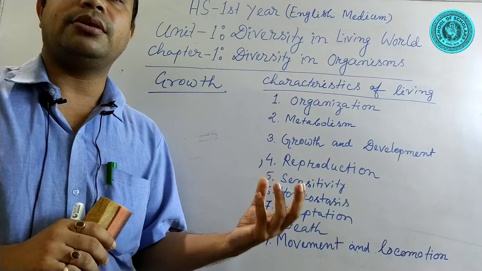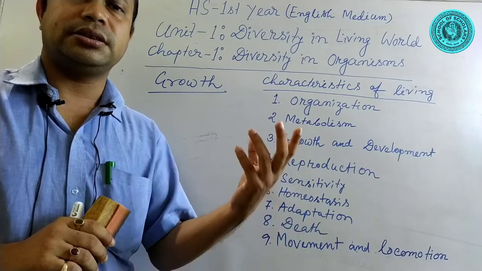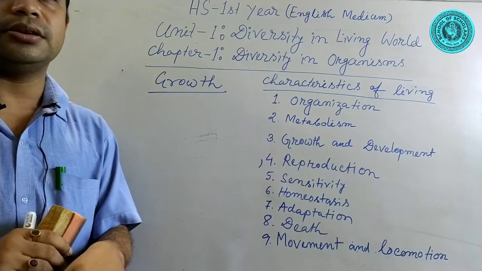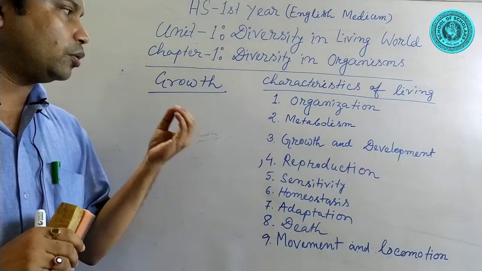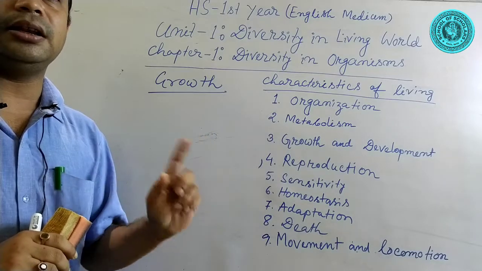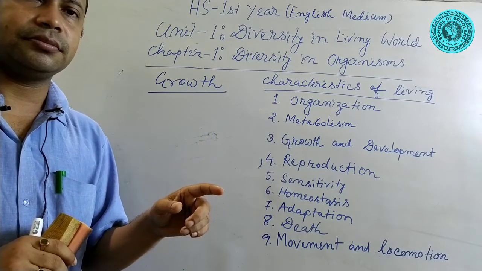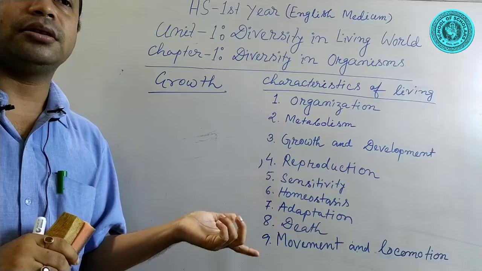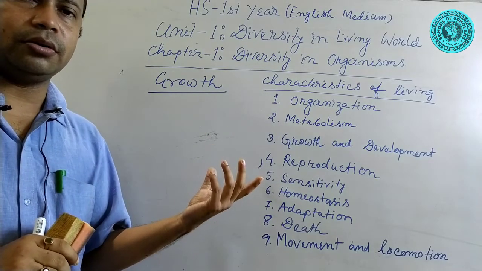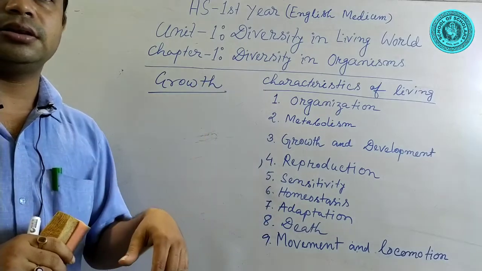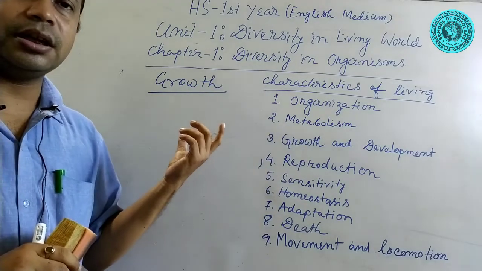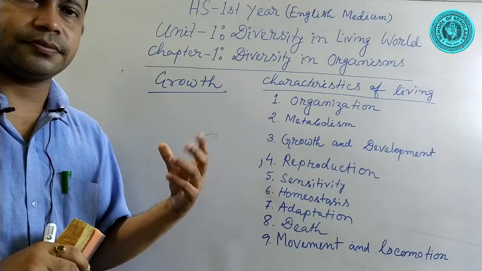If the rate of anabolism is higher than the rate of catabolism, then growth occurs, and growth is permanent and irreversible. Irreversible means it is not reversed. After the development of growth, it is not reversed. Therefore, it is called an irreversible process.